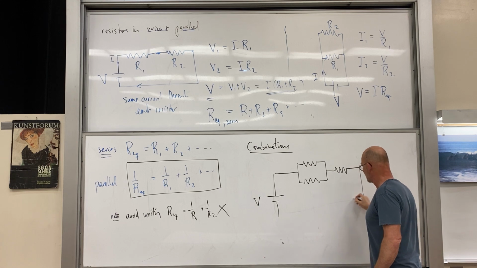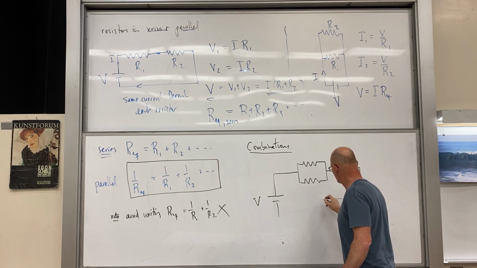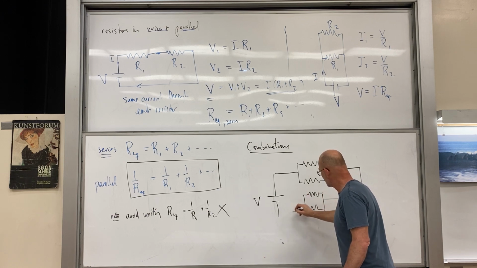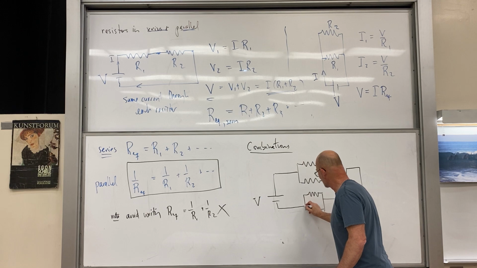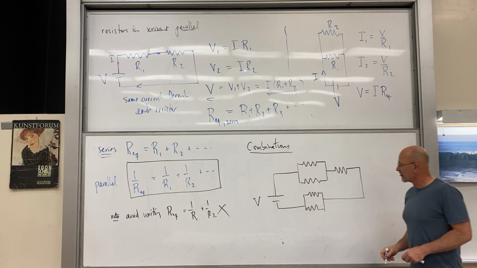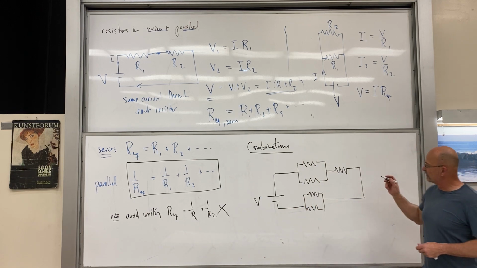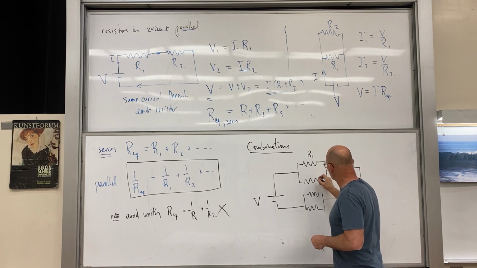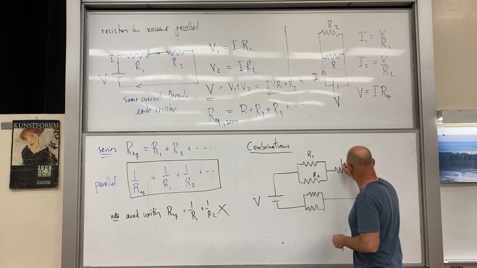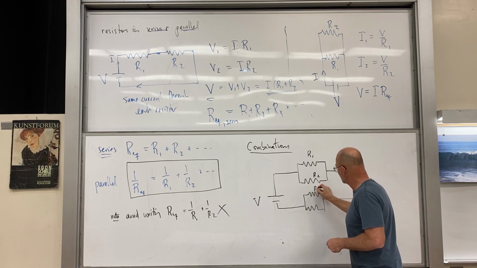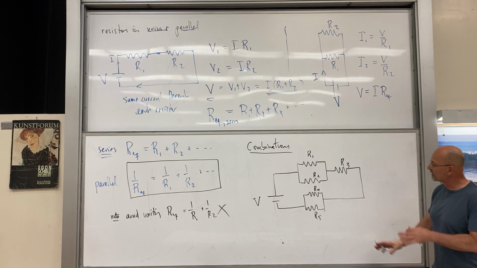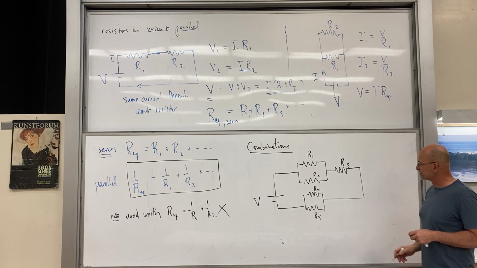Okay, and then you could do another one of these. Bring it into here. Okay. And should we name these things? We'd have R1, R2, R3, R4, and R5. So you have some more complicated combination.